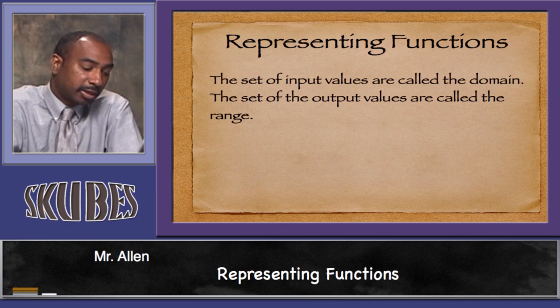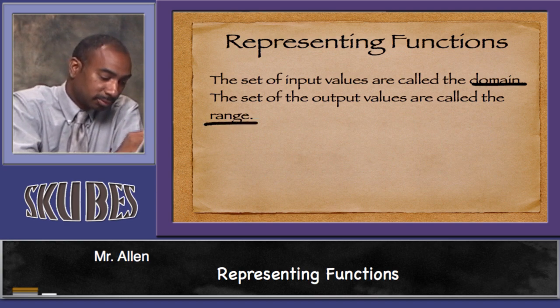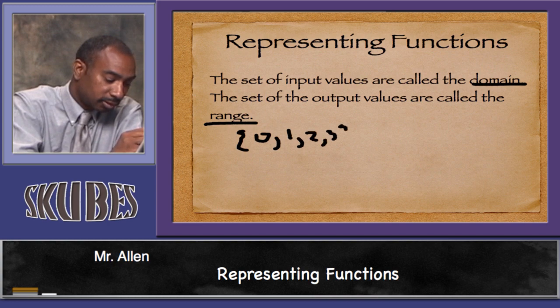The set of input values is called the domain. And the set of output values is called the range. So another way of saying what I had earlier: instead of just input values, I can call that the domain, because that's what I start with.